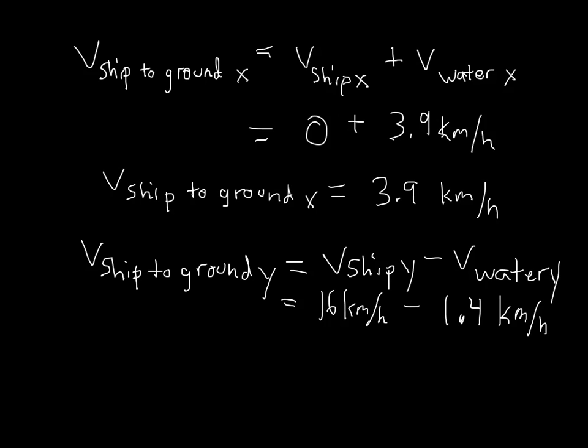And that's where I should point something out. Relative velocities, you add your two velocities together. So up top, velocity of ship relative to ground, v ship x plus v water x. Add them together, get my result. I come to the y, v ship to ground in the y direction, v ship y minus v water y. So I plugged in that negative from the beginning because I knew they were going in opposite directions.